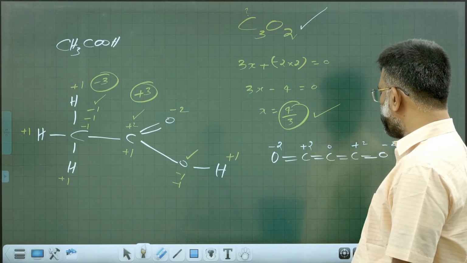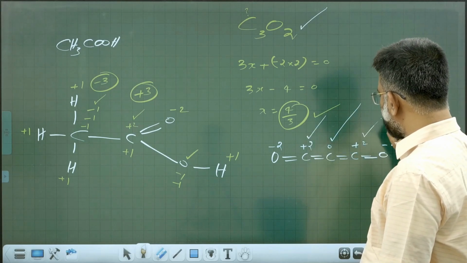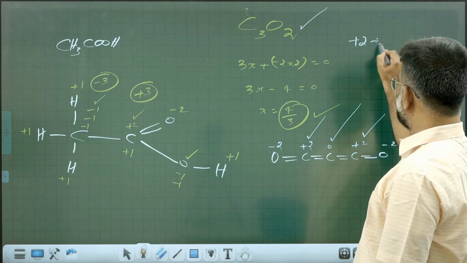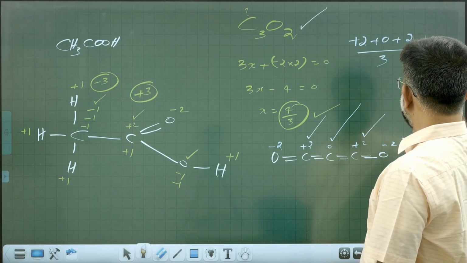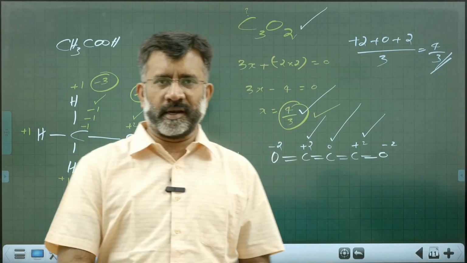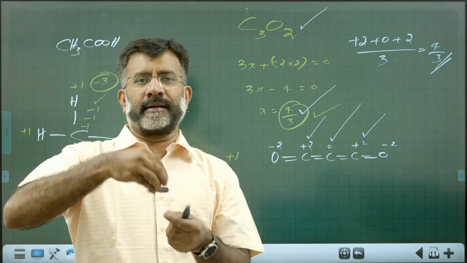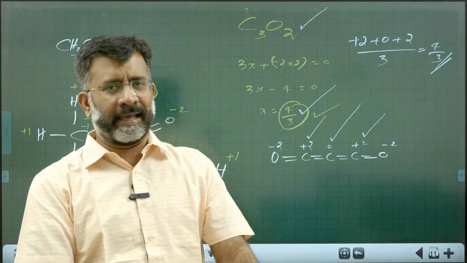A-A is 0. So the central carbon is 0. These two terminal carbons are +2 each. So the average will be (+2 +0 +2)/3, giving 4/3. That is perfect, but it is an average. The actual oxidation numbers are 0 for the central carbon and +2 each for the other two carbons.